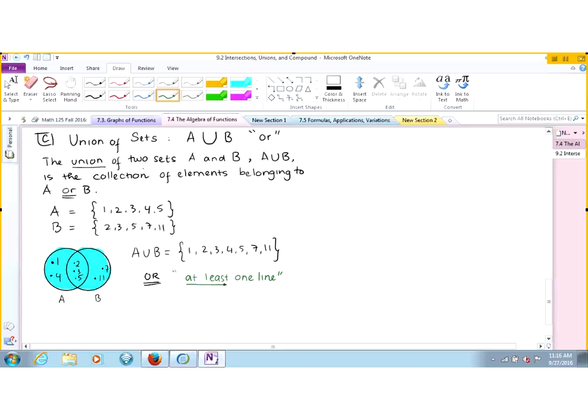All right. So let's do an example. We want to solve, graph, and write the solution in interval notation.